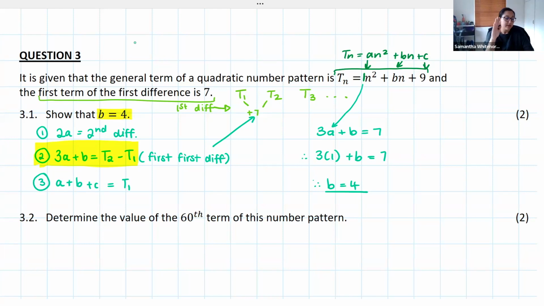Now, I just want to take a little moment here. In questions where it says show that, as we often see in functions or quadratics, where we say show that A is equal to this, B is equal to this, C is equal to this, you may not use the value that I've given you in your working out. The only time I should see B equals 4 is in your final answer.